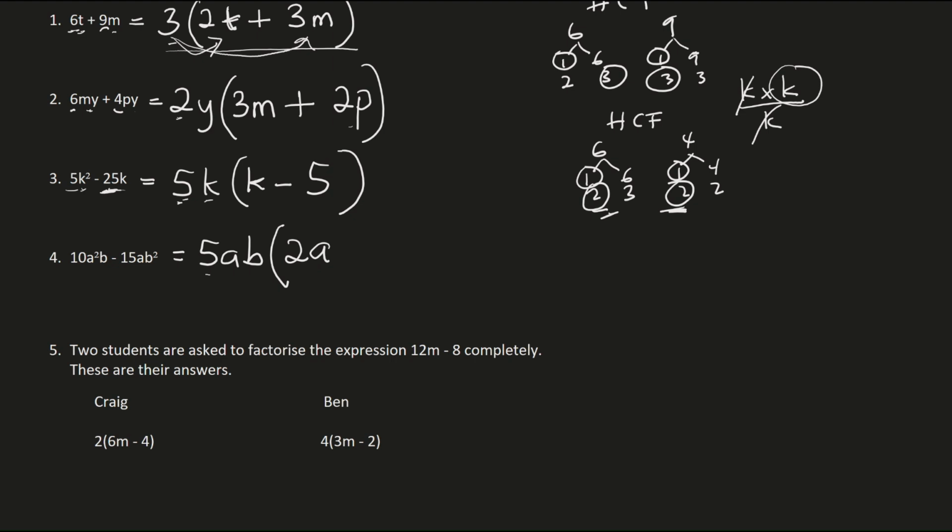Now b has already been factorized out, so I don't need b. So minus 15 divided by this 5 gives me 3, or 5 times this 3 gives me 15. Then a has already been factorized out, which we have here. So I have b squared divided by this b gives me b, like I demonstrated with the k here.